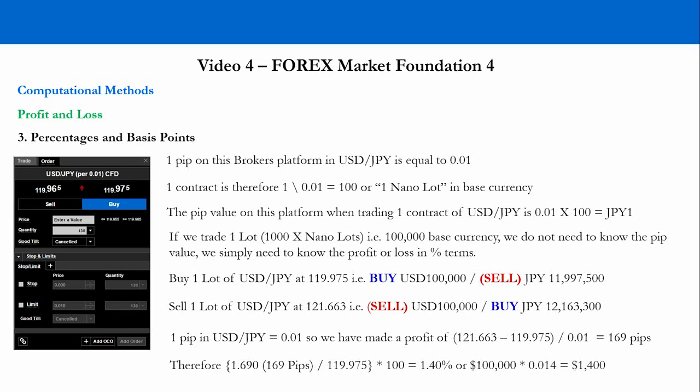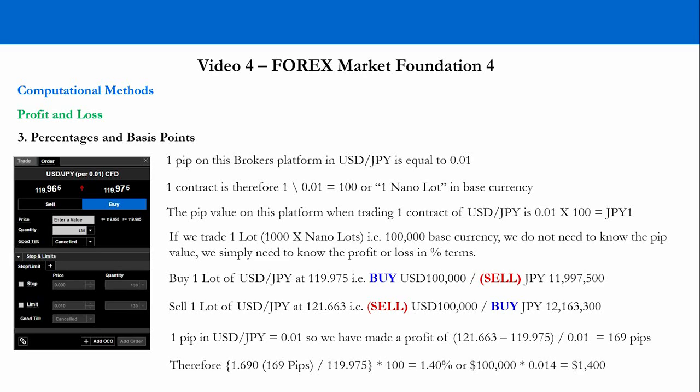So if you think you're a hero because you made a certain amount of pips, when you work it out in percentage or basis point terms, you're going to realize that it's actually most of the time not a lot of return, especially if you're day trading.